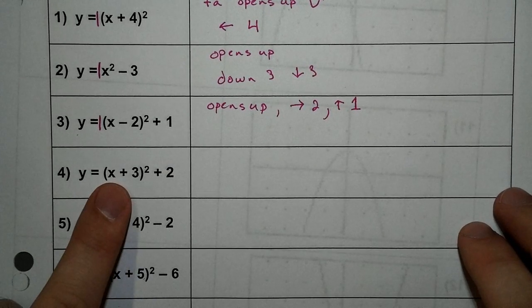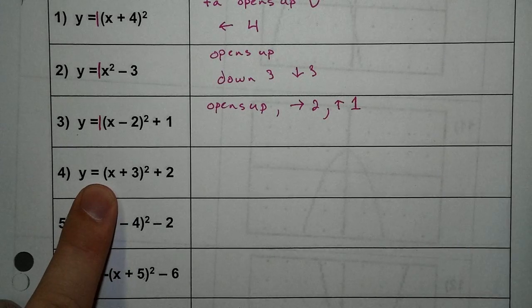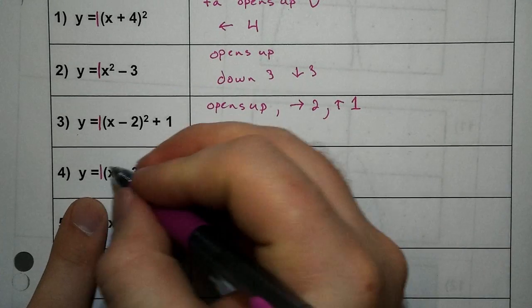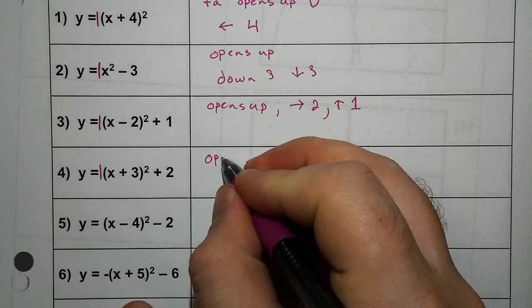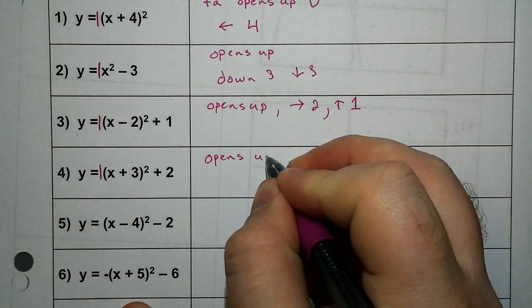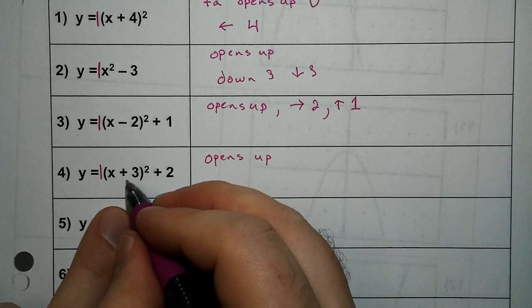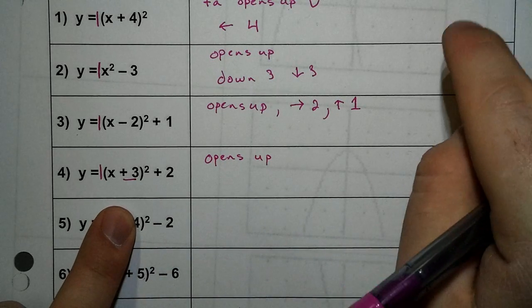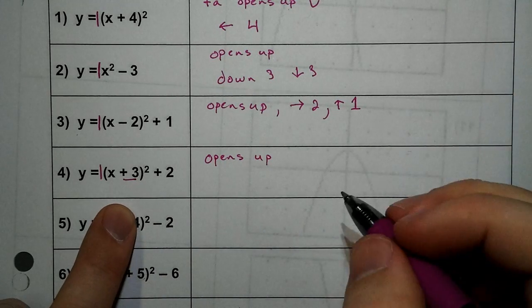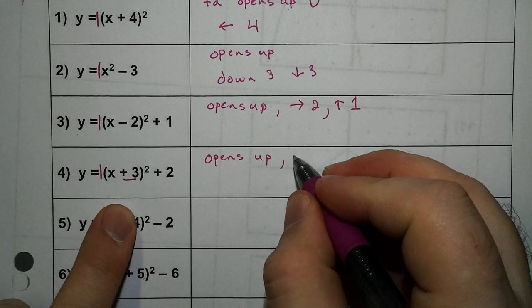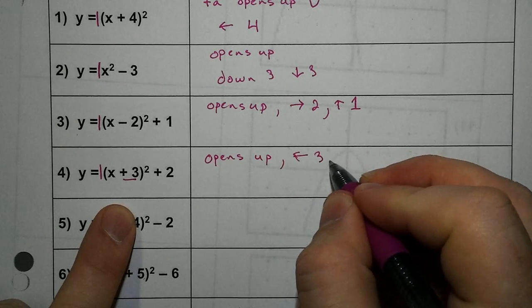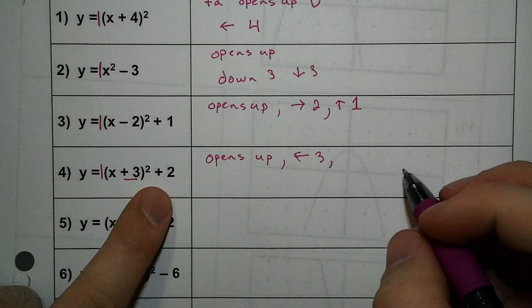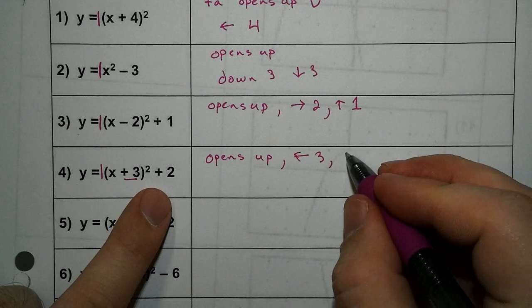Number 4, check your a value first. It is that sneaky 1. So it's going to open up. Positive 3 for the x. Remember, when x is positive, it's going to go left because x lies. So it's going to the left 3 spaces. And it's going up 2 spaces.